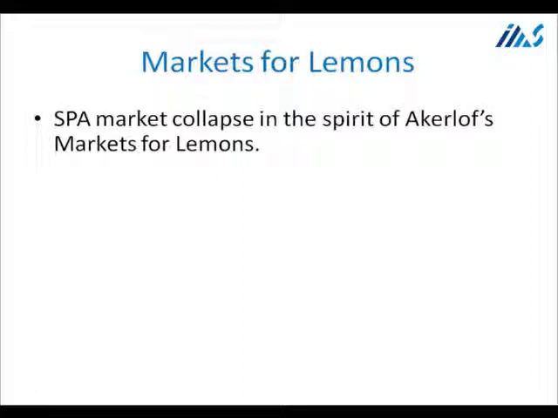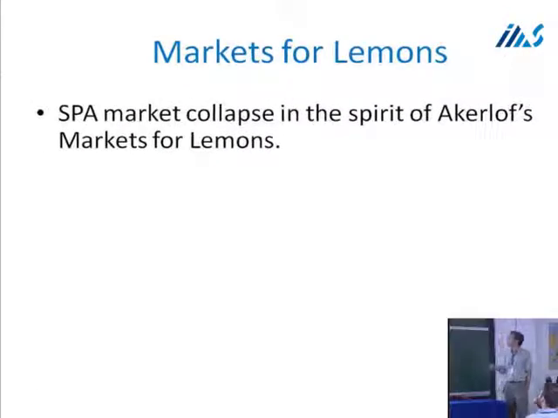I guess many people would figure out by now that the name lemons seems somewhat related to Akerlof's market for lemons. Akerlof's market for lemons is a market in which sellers are selling used cars, and they know the quality of the car, but the buyers don't. Because of that asymmetry, only bad cars will be sold in this market.